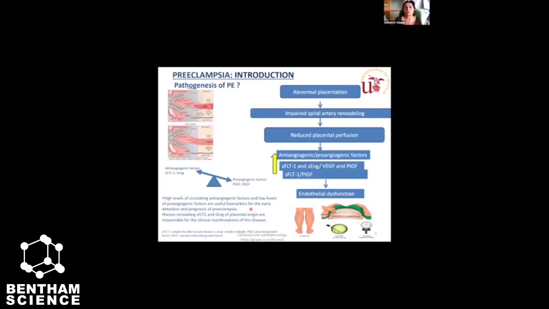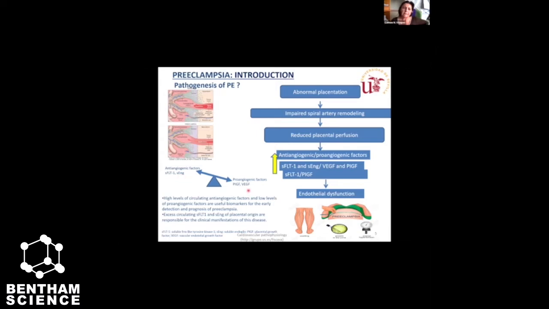So what is the pathogenesis of preeclampsia? Well, preeclampsia occurs with an abnormal placentation that leads to an impaired spiral arterial remodeling and reduced placental perfusion. This placental dysfunction makes the placenta produce high levels of anti-angiogenic factors, such as sFLT1 and sEndoglin. sFLT1 is soluble fms-like tyrosine kinase 1, sEng is soluble endoglin.